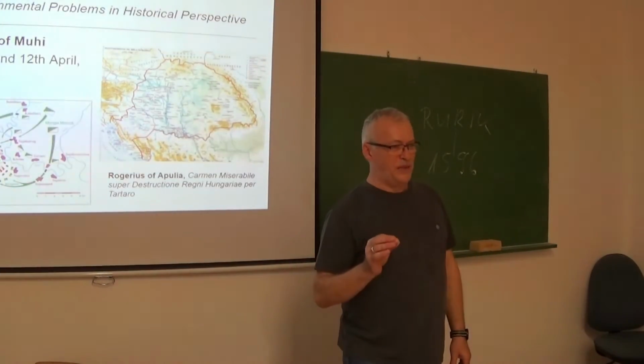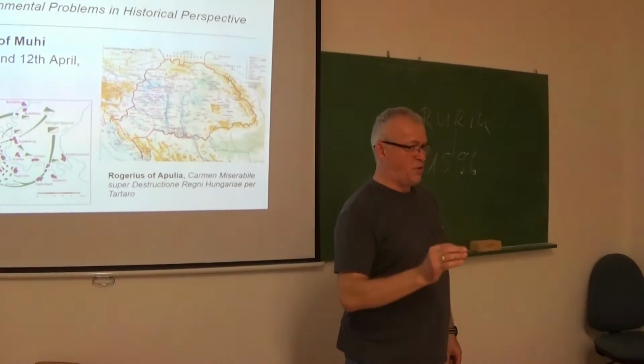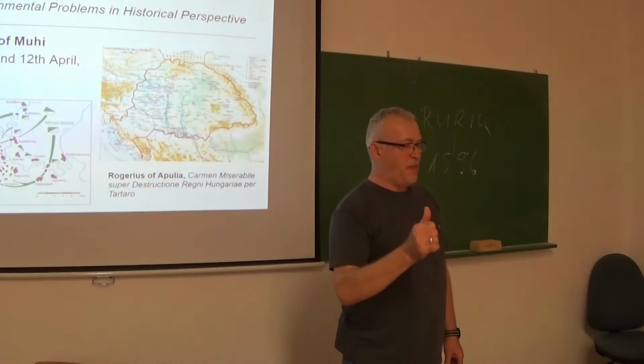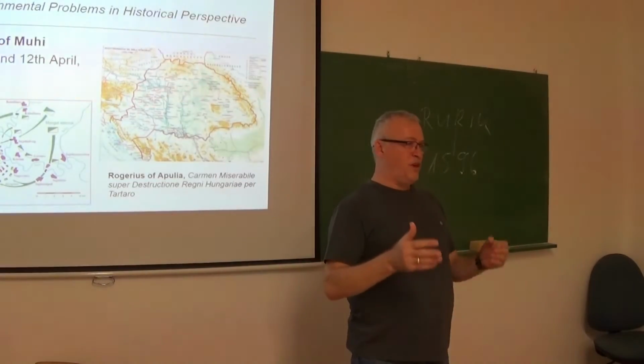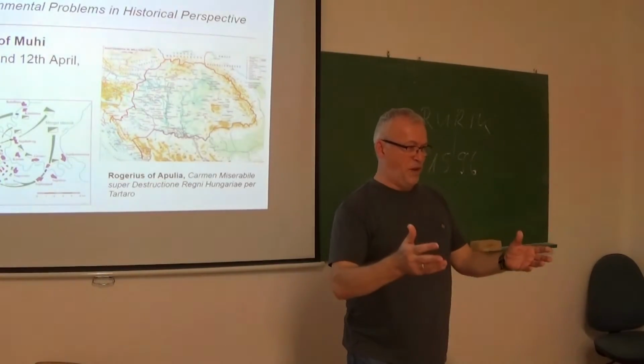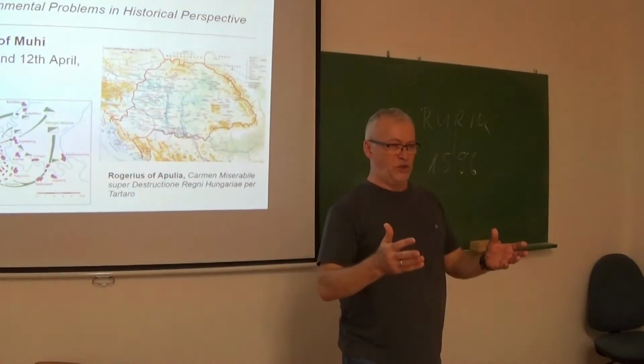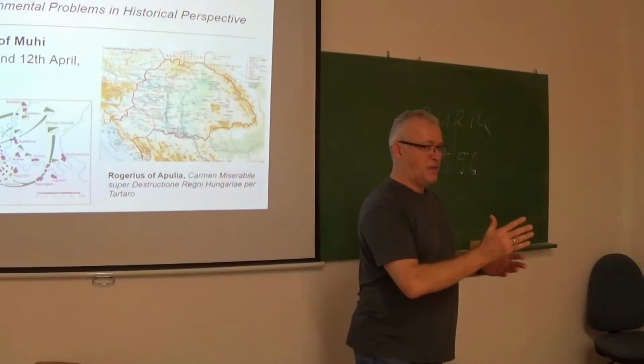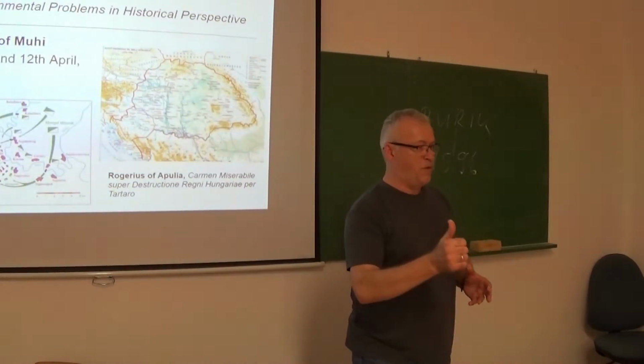But if we look at history, one documentary source is no documentary source. Therefore, I suggest that if you receive information about some critical situation, check more sources. Because one piece of information is no information.